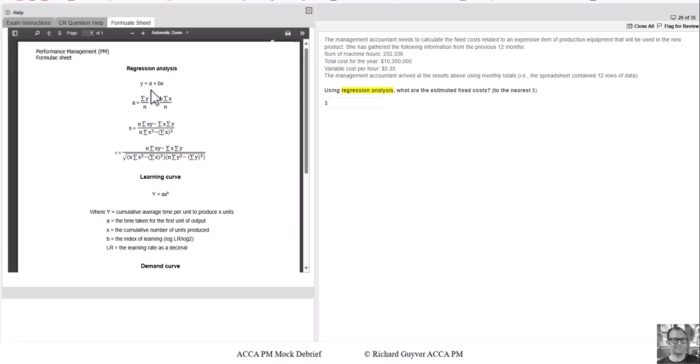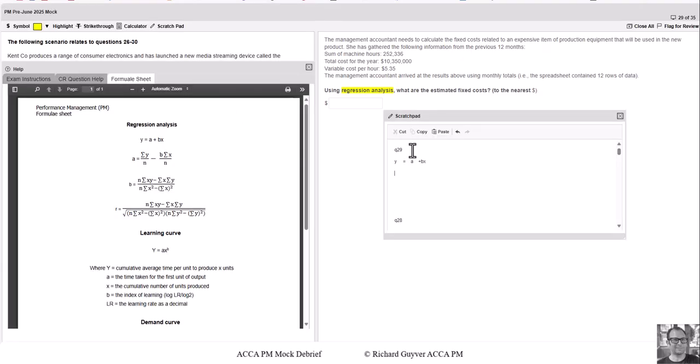So the Y equals A plus BX, the way this links to fixed costs: Y represents the total costs, A is the fixed costs, B is the variable cost per unit, and X is the number of units. So that's how this top equation relates to working out fixed or variable costs.